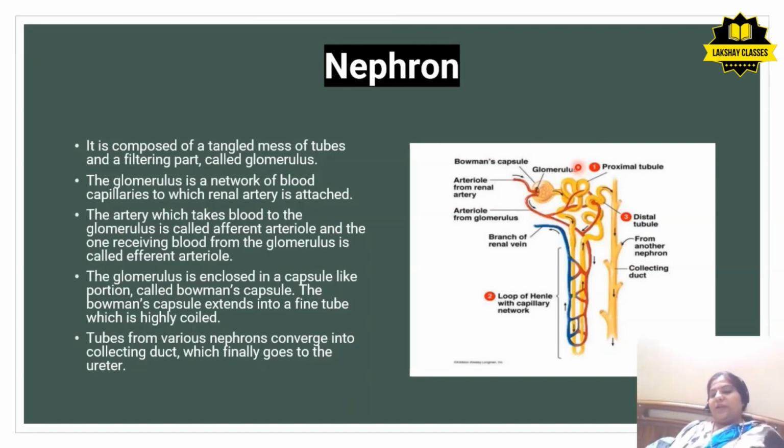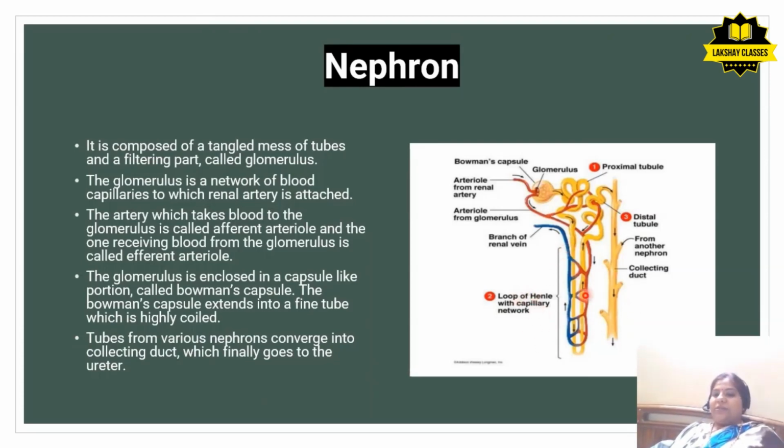During this filtration, the important things from the blood such as glucose, etc., are reabsorbed. In this Bowman's cup, the inner lining of this cup is perforated. Then in the U-shaped tube, which is called Henle's loop, a second process takes place, which is called selective reabsorption.